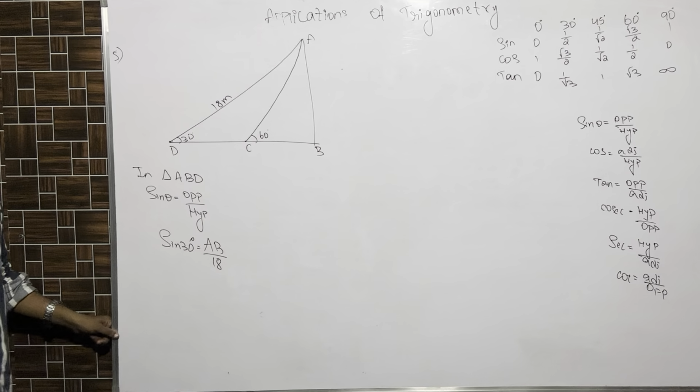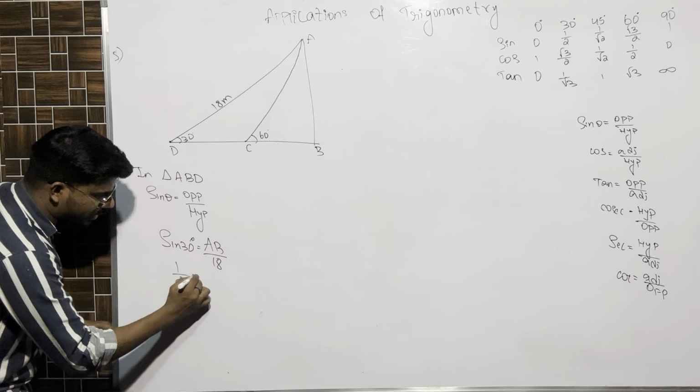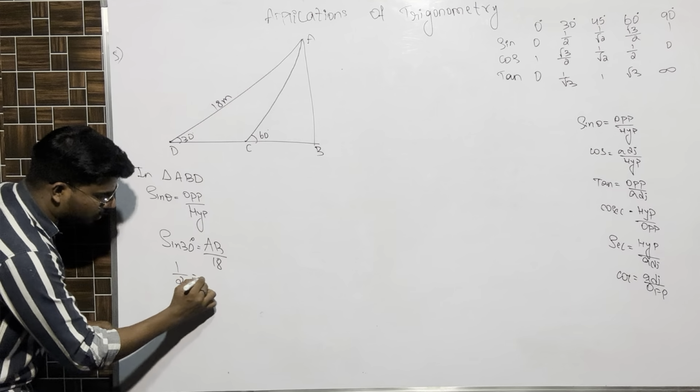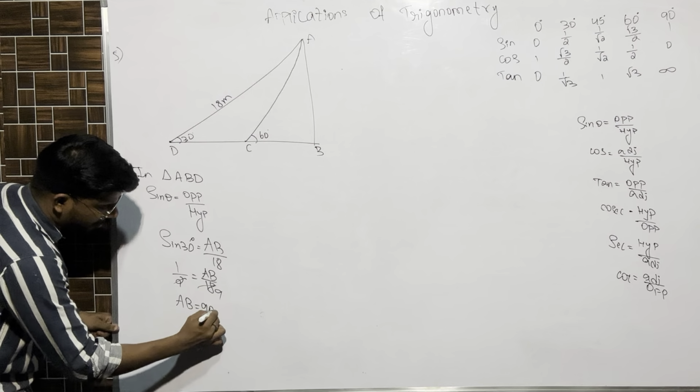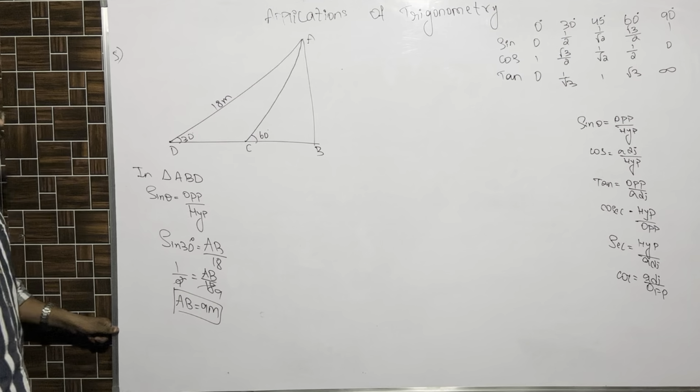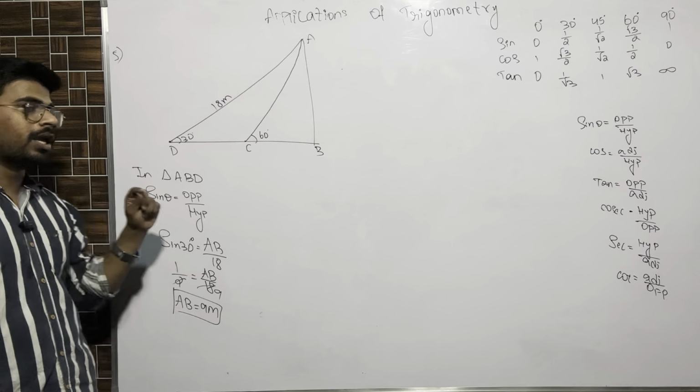Sin 30, 1 by 2 is equal to AB by 18. 2 ones, 2 nines. AB is equal to 1 into 9, 9. AB is equal to 9 meter. AB was not asked, but in order to find this length, we need AB. Now AB is 9 meter. Let me write it here.